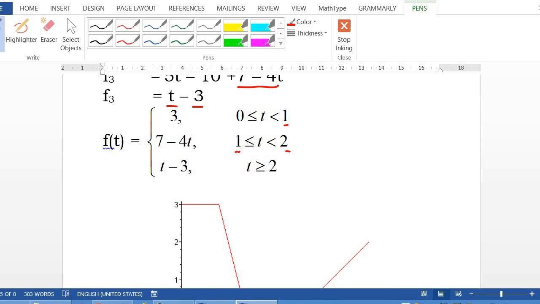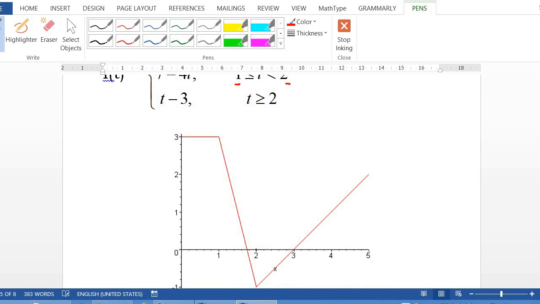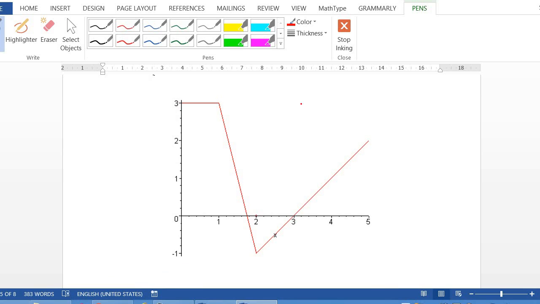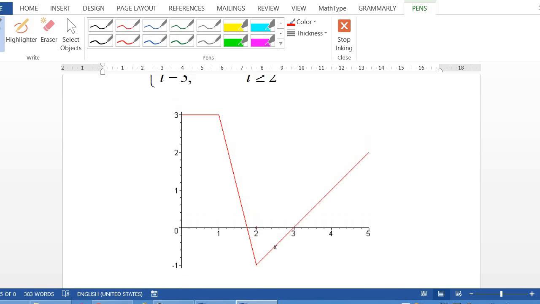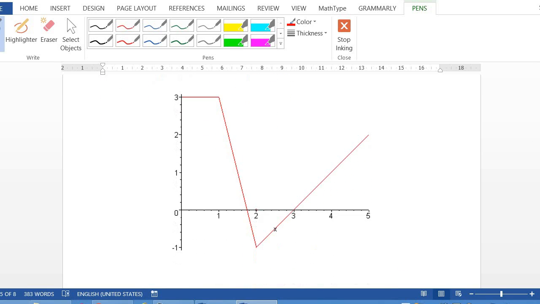Then to plot the second function, this is a linear function. Substitute when t equals 1, 7 minus 4, the value is 3. The ending point when t equals 2, so 7 minus 8 is negative 1.